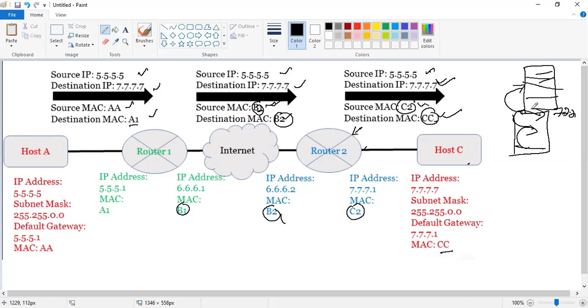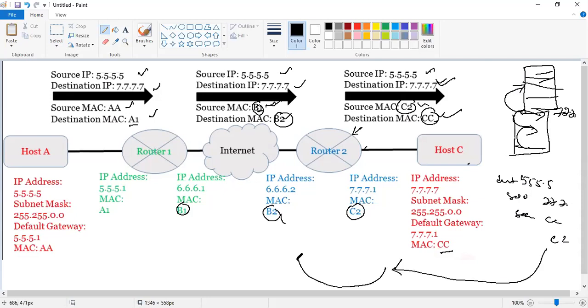When it is responding back, in the source IP address it puts 7.7.7, and the destination is 5.5.5, because that is where the request was received from. It puts the source MAC as CC and the destination MAC as C2, and sends it to the next hop.